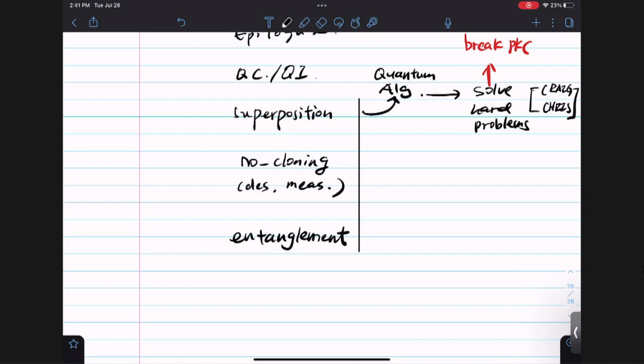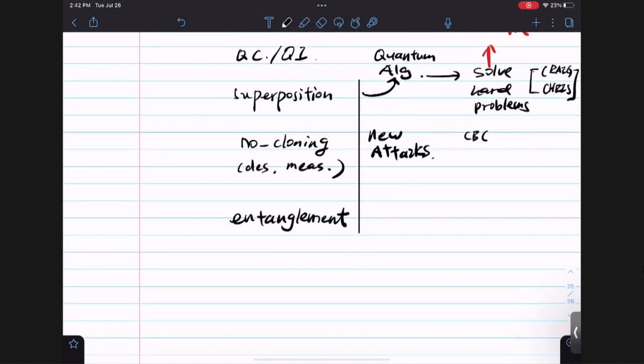It turns out symmetric key crypto can sometimes be broken, and this includes some block cipher constructions, such as CBC-MAC, as an application of Simon's algorithm. So that means superposition can bring out new attacks.